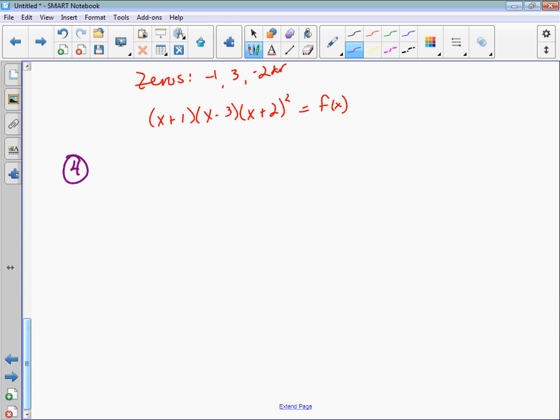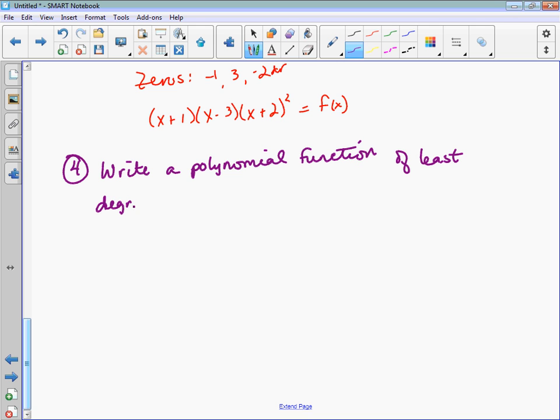All right. So write a polynomial function of least degree with real coefficients in the standard form.